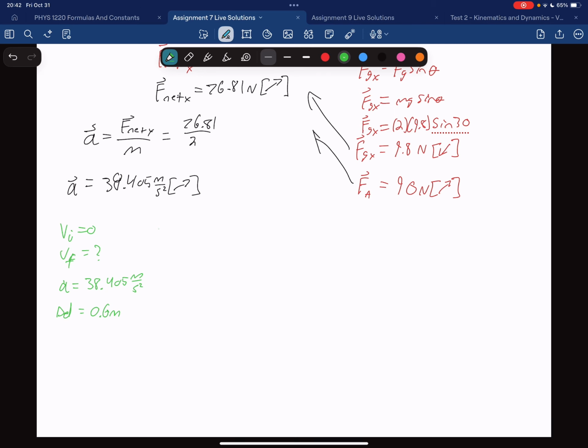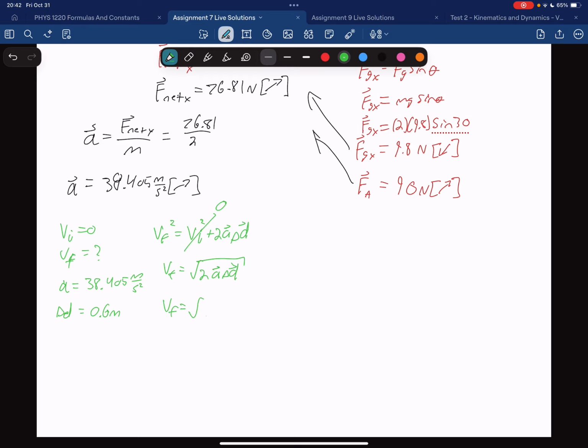I'm going to use one of our kinematic equations, VF squared equals VI squared plus 2a delta D. This means that VF is equal to the square root of 2a delta D, because VI is equal to 0, so we cancel that out.